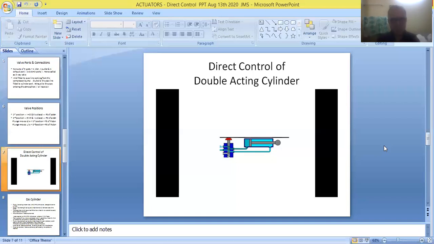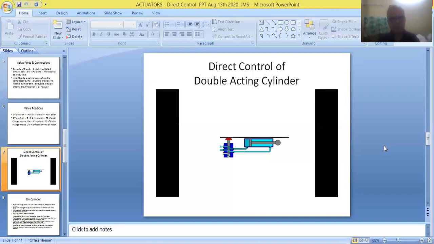So in this session, we have talked about direct control of single acting cylinders. Also, we have talked about direct control of double acting cylinders.